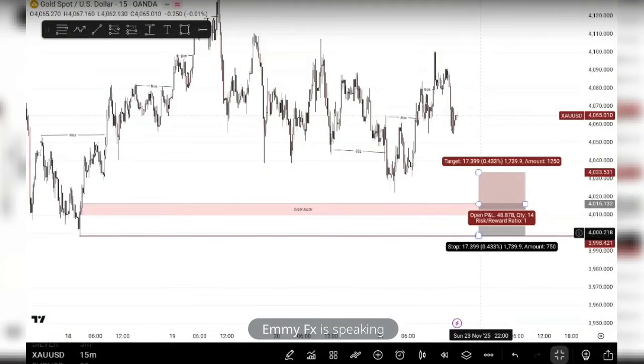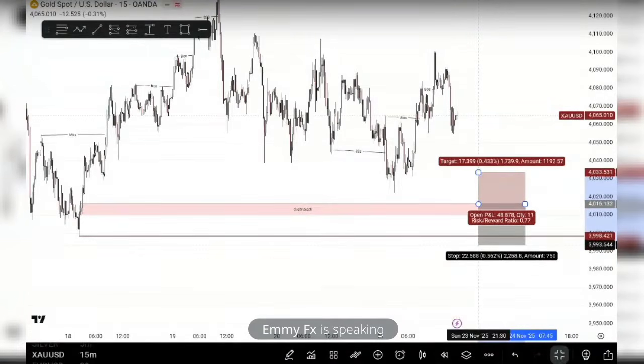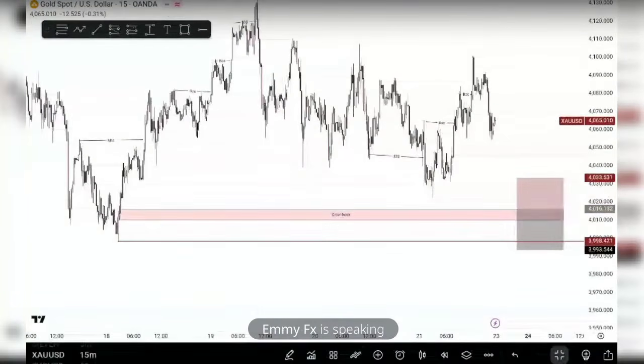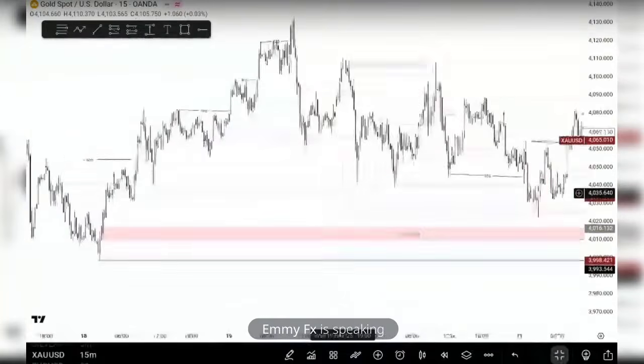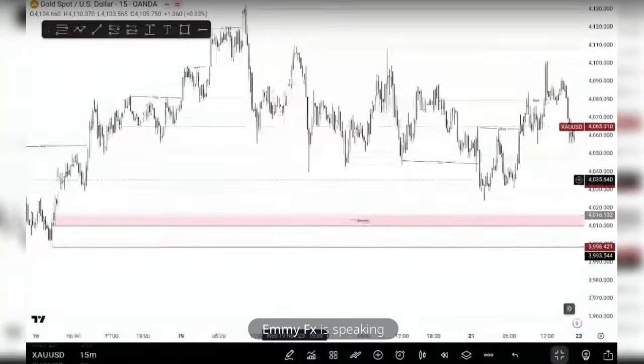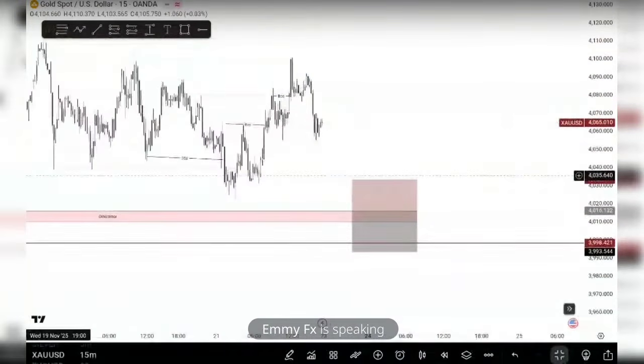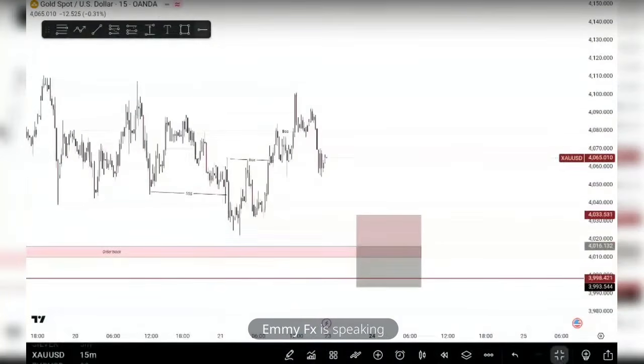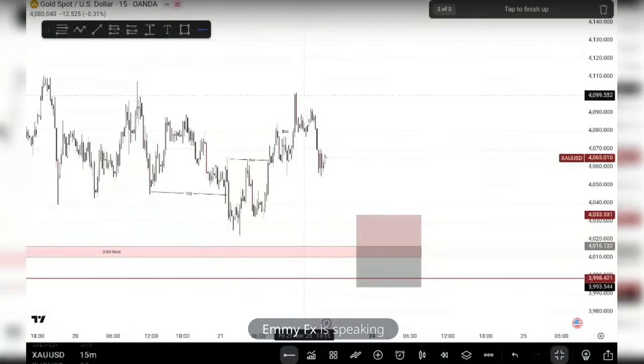My stop loss is going to be 22 pips away, but it's kind of okay. So you need to reduce your loss size.